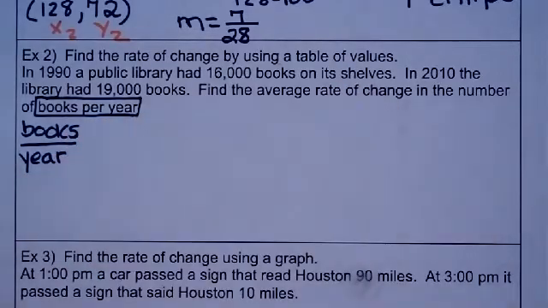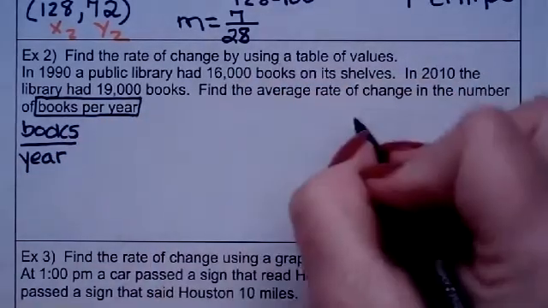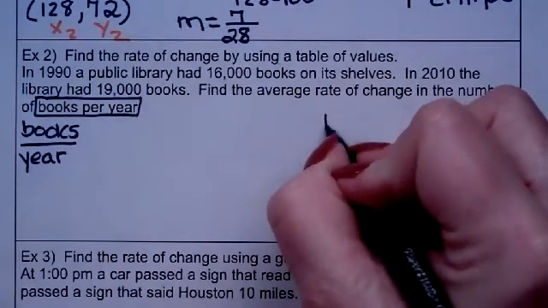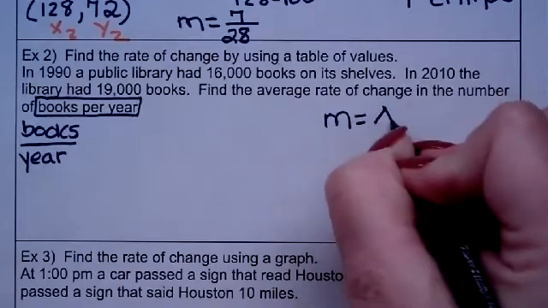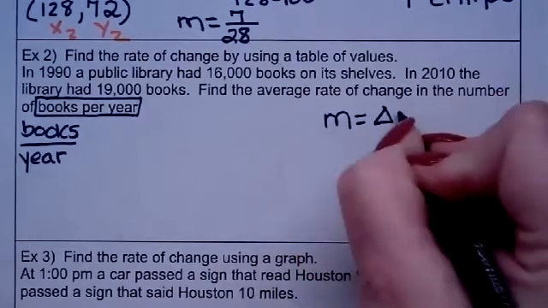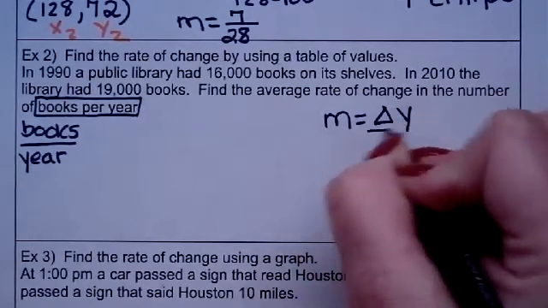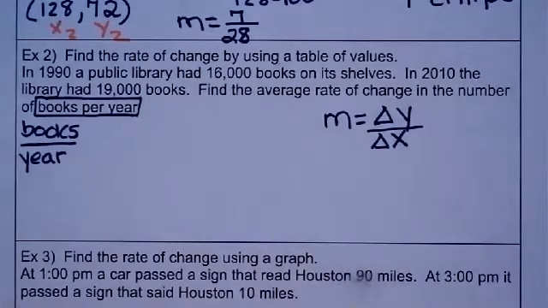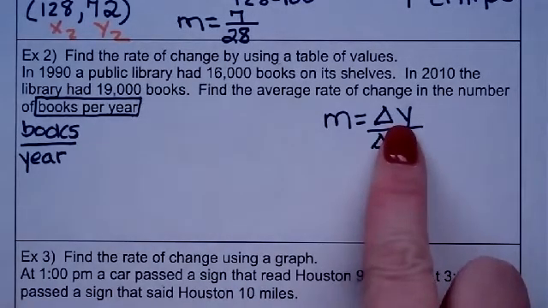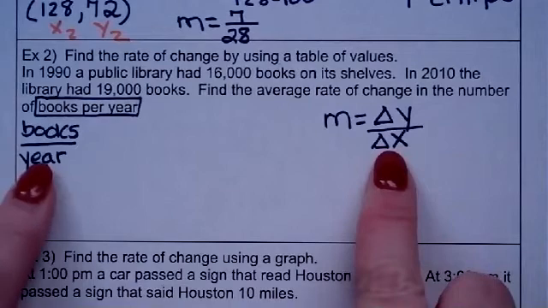Now, if we're using the table of values method, we are told that the slope is the change in y over the change in x. Well, if that's true, that means my denominator has to be the x value, which is years.